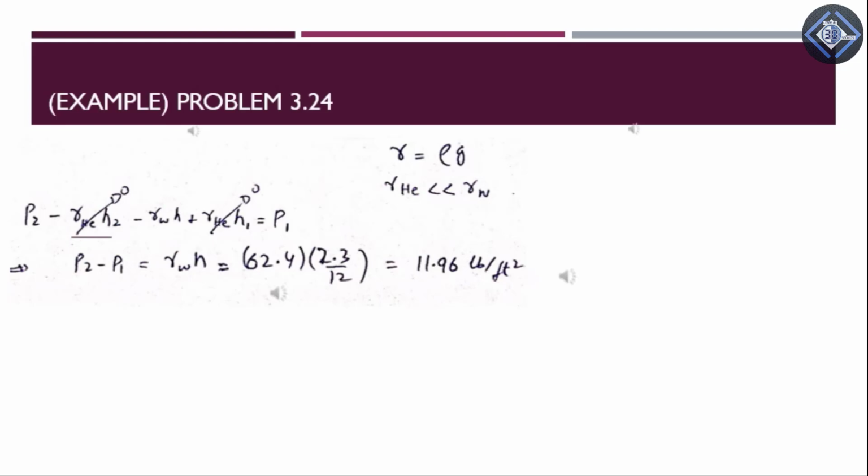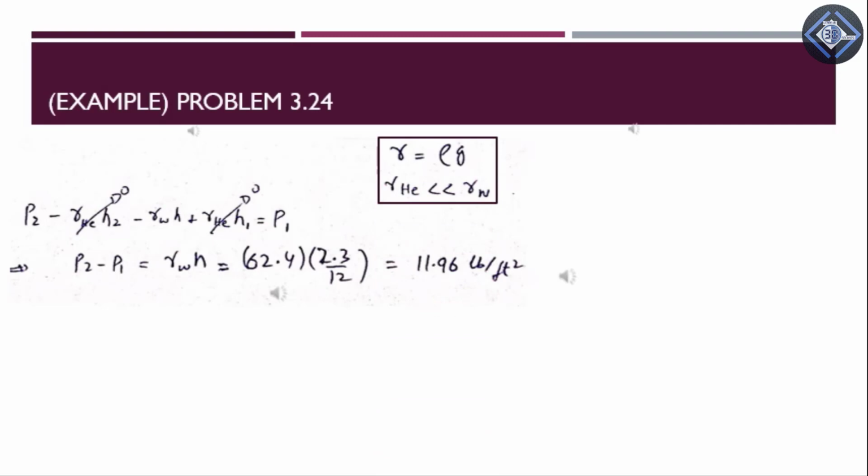Then if we further go upward a height h into water, the pressure again decreases by gamma w times h. Then we go downward, height h1 inside helium, and pressure increases by gamma helium times h1, and this equals pressure p1.